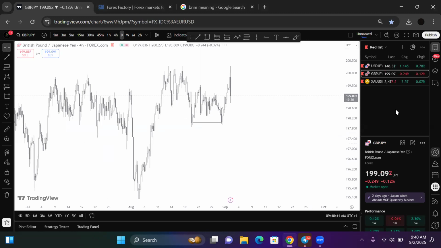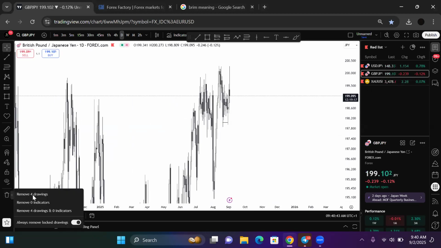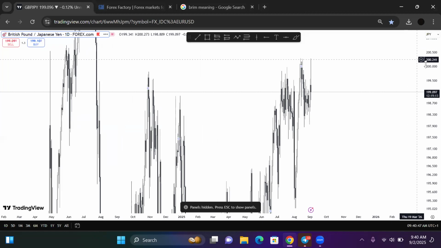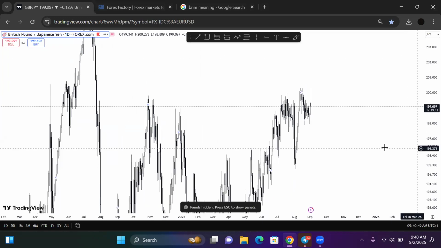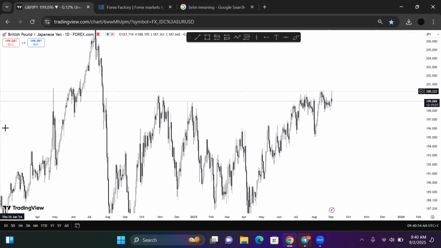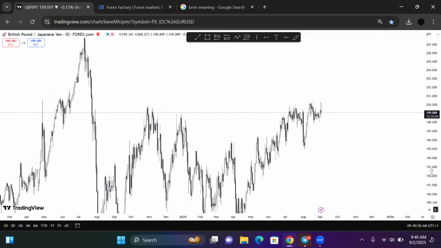All right. So this is GBP JPY. Let's see what we have. What we can see is that GBP JPY has been obviously bullish.